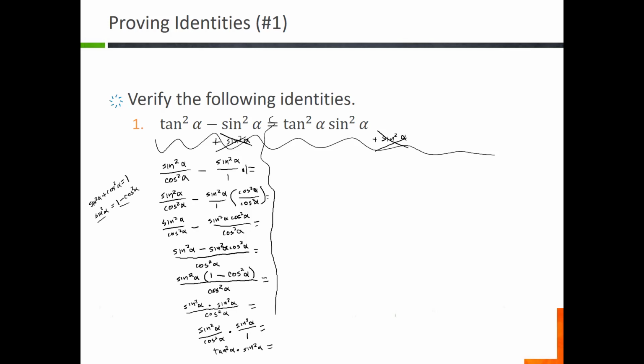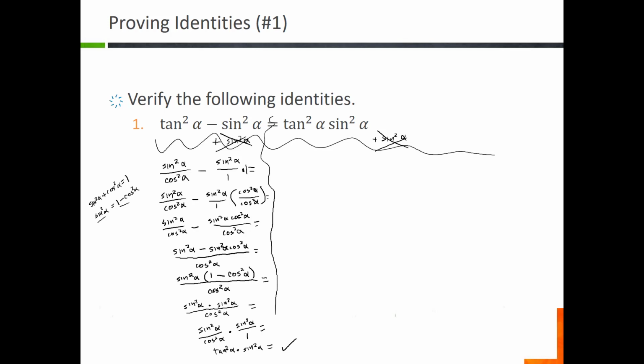And so we've been able to show that this left side is, in fact, equal to the right side. And I never did anything on the right side. I was just simplifying the left side. It's possible we would have worked halfway down the left side and gotten stuck, just scratching your head, not sure what to do.